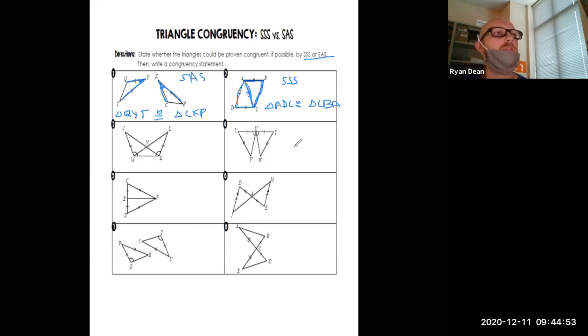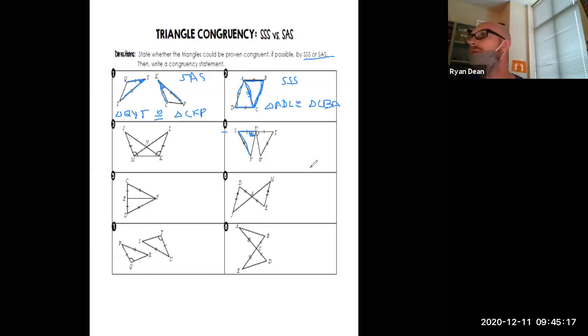That's pretty much all that you're doing. Now, there are going to be a few that try to trick you, like for instance, number 4. Notice where this angle is. This angle is not connecting 1 and 2 together.